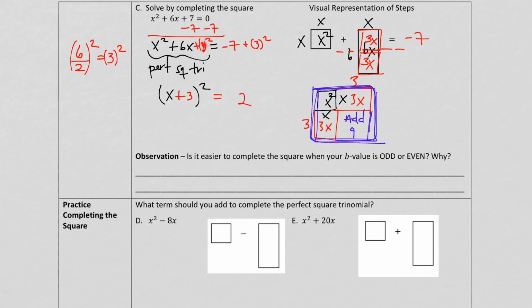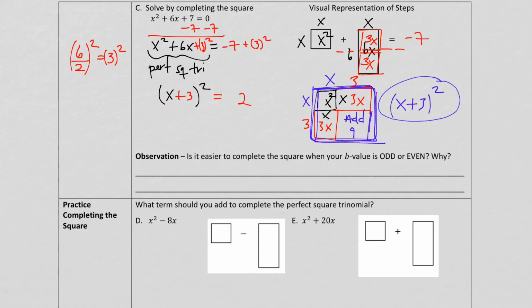I added 9 to this side to complete the square. So that's why this is working visually. As a result, what I get is x plus 3 times x plus 3. That's where I get my x plus 3 squared. That's where this comes from, because this is just a visual of what's happening algebraically.